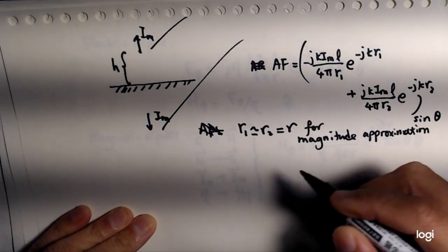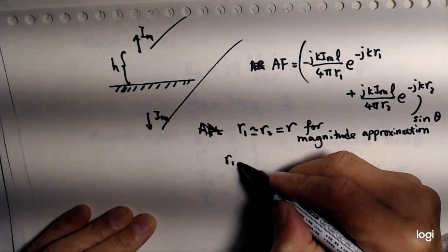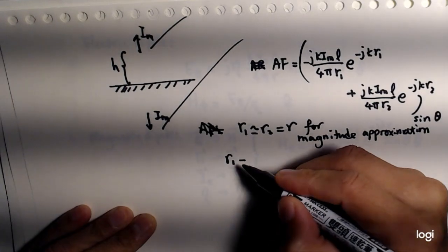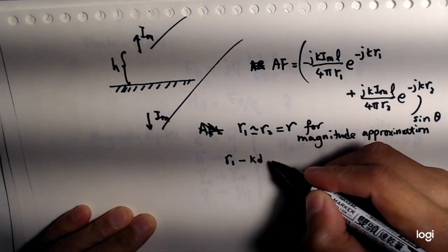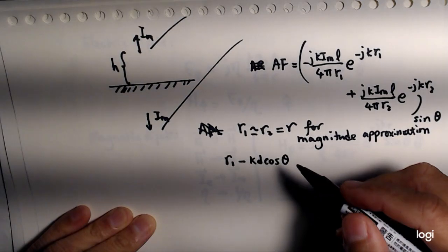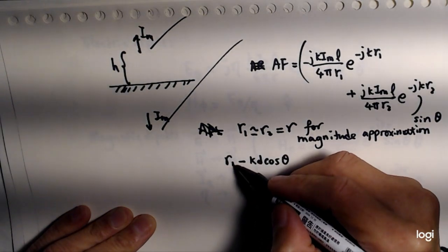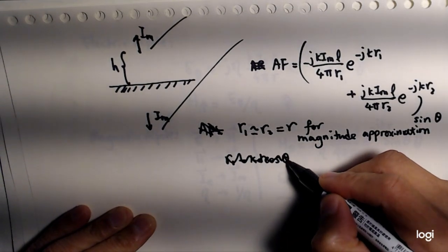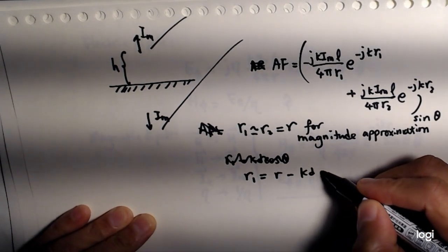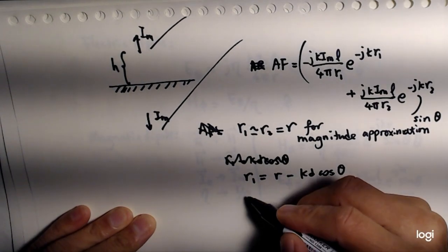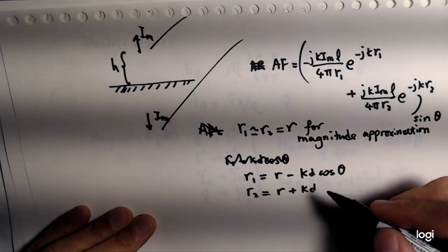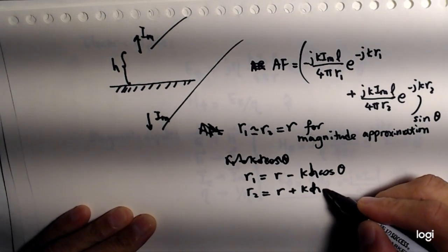Sorry, I should say R1 is equal to R minus kh cosine theta, and R2 is equal to R plus kh cosine theta.